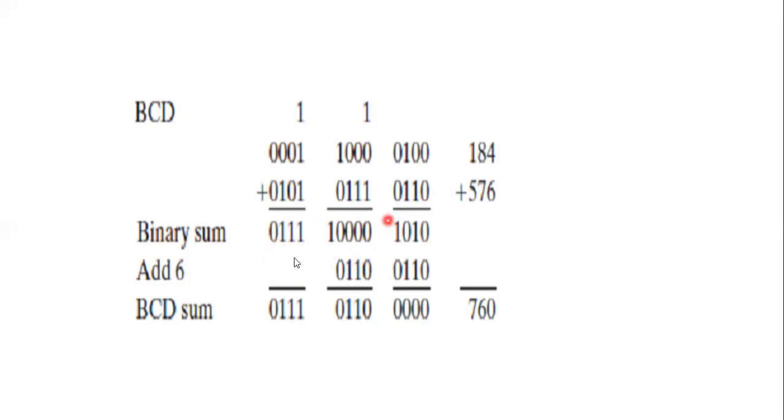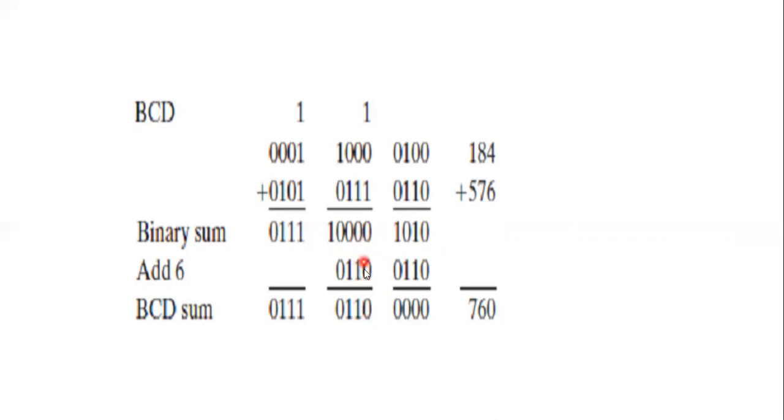Now, this is a BCD, this is not a BCD, and this is not a BCD. Therefore, we add 0110 and 0110. Therefore, 0 plus 0 is 0, 1 plus 1 is 0, carry 1, 1 plus 1 is 0, carry 1, 1 plus 1 is 0, carry 1.